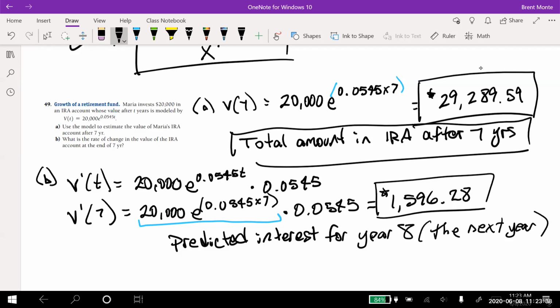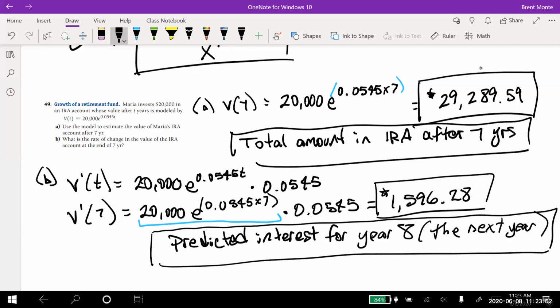We can't use it for year 12 because we're going to be basing it, the interest, on a higher amount that's in the account at that time. So the derivative only really is useful predicting for the very next one, unless you just have a linear equation and it goes up at the same rate all the time. All right, so that's the idea. That's the end of that problem.